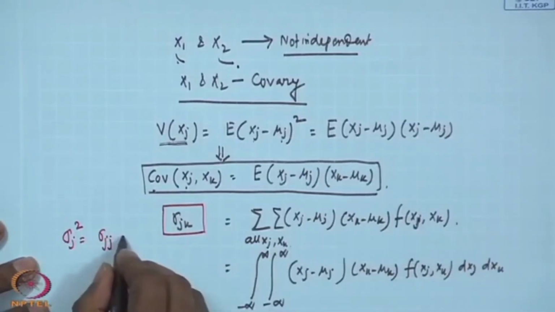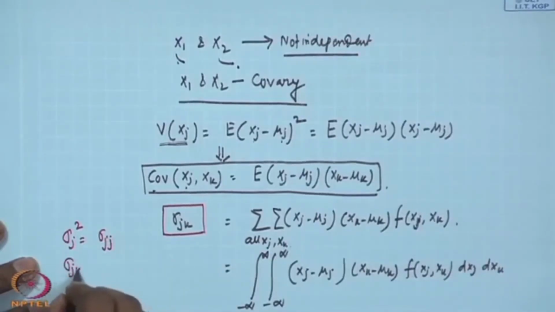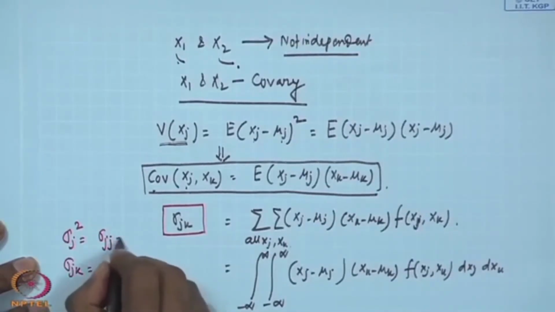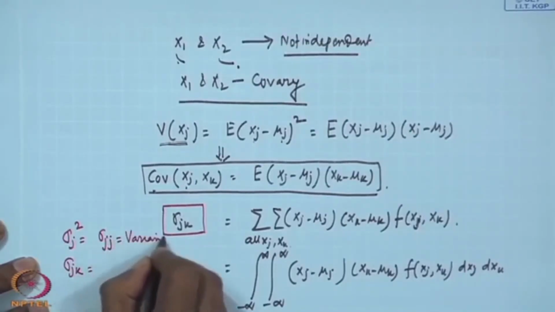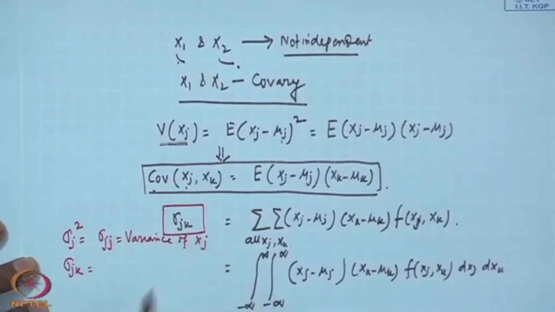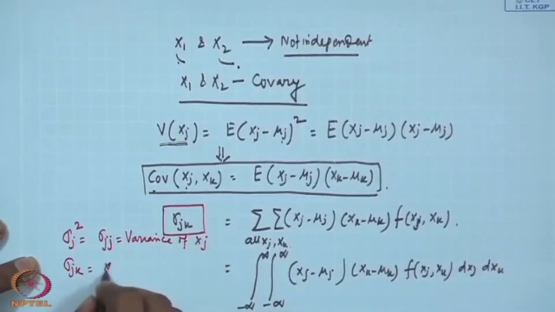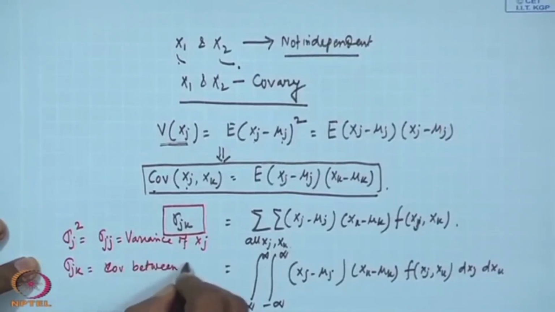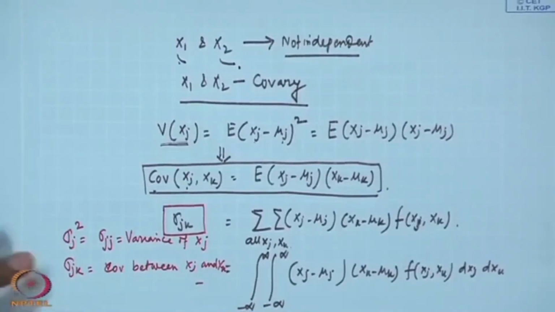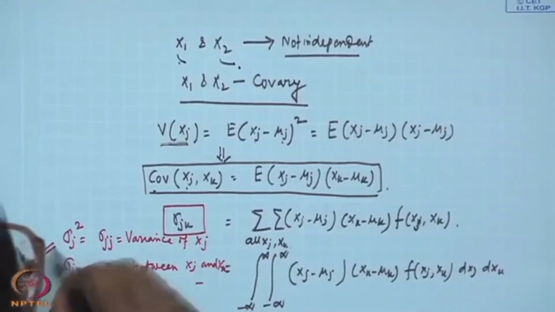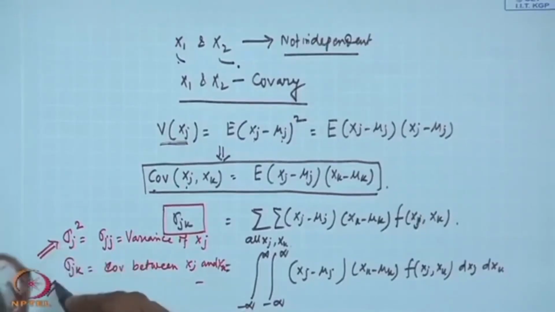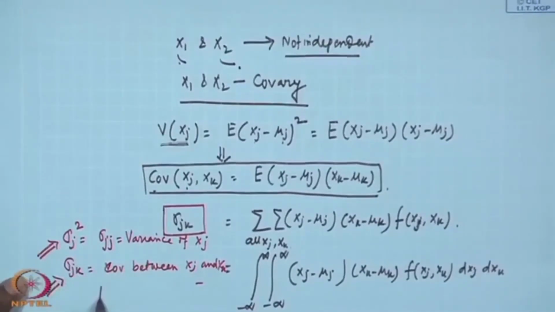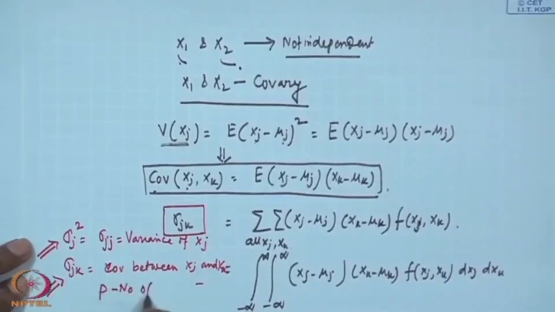Then we will be using sigma j k; this is your variance of x j, and this one is the covariance between x j and x k. Okay. So, you have sigma j square, you have sigma j k, and you have p number of variables.